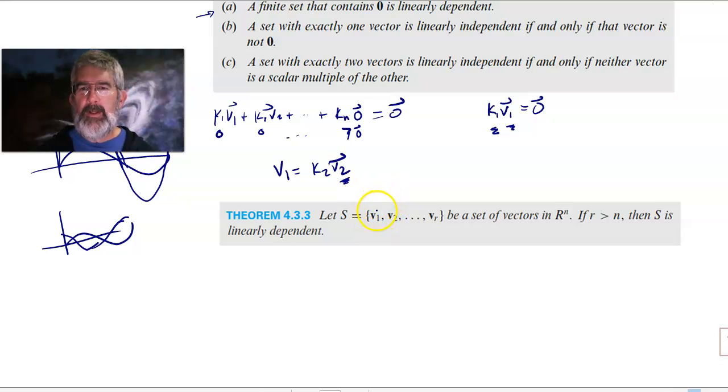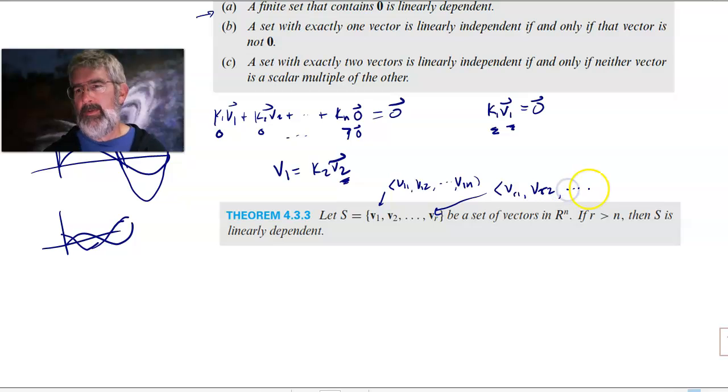I'm thinking of each one of these vectors here. v1 is the vector v11, comma, v12, comma, up to, we're in Rn, so this must be v1n, right? There's n coefficients. And so on down the line, where vr is the vector vr1 first component, vr second component, up to vr nth component, right?